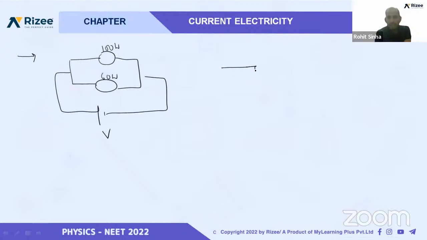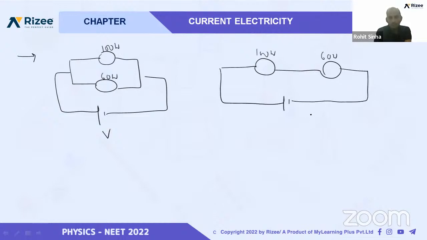In the second case, we are connecting the 100-watt bulb and the 60-watt bulb in series, and we have connected it with a voltage V. We have to find, in A and B, which bulb will glow more.